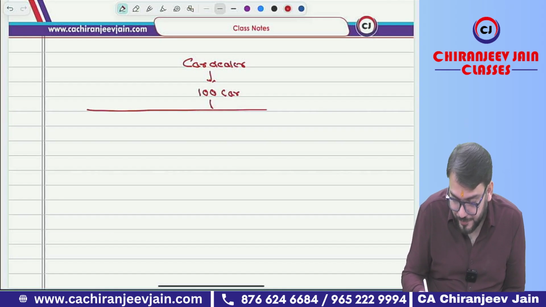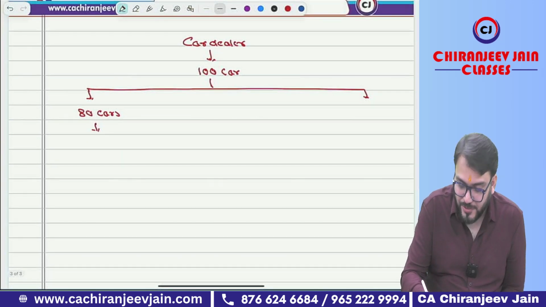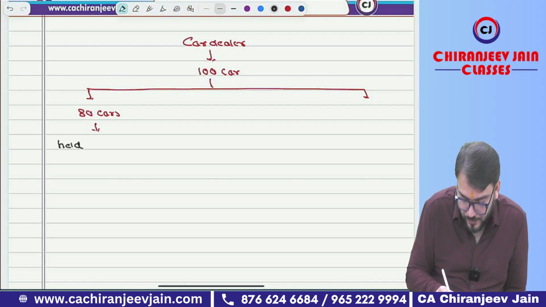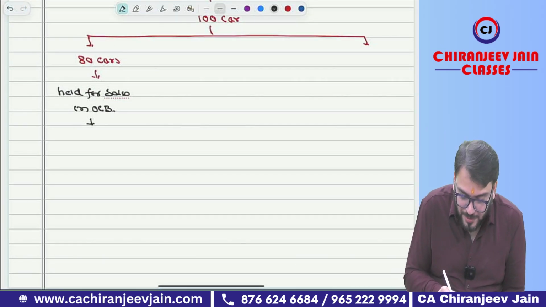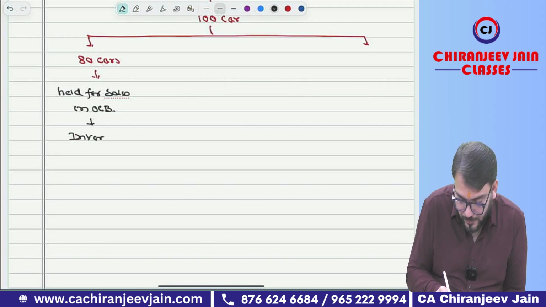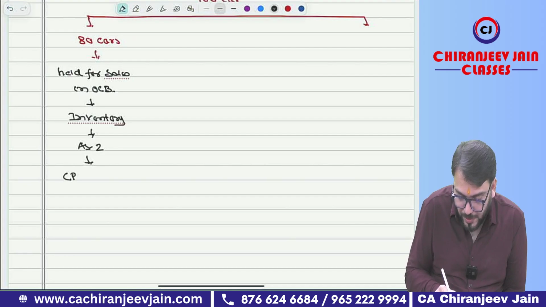Out of 100 cars, 80 cars were held for sale in the ordinary course of business. So can you say it will be classified as inventory? AS2 will be applicable and we will do measurement at cost price or NRV, whichever is lower.